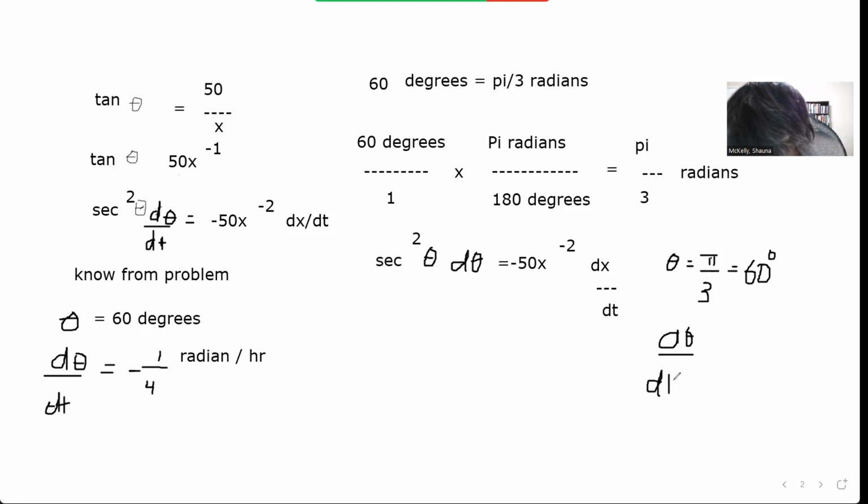So we have negative one quarter. Yes, you can make that a decimal if you choose. I usually just leave it intact. But this is radians. Now, it's negative, notice. So that leaves me, I know what theta is.